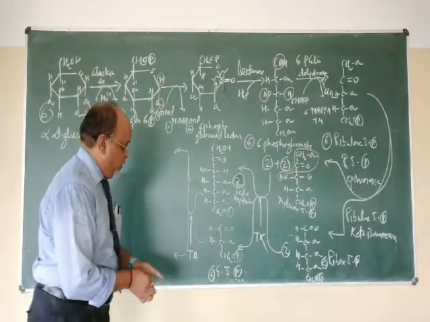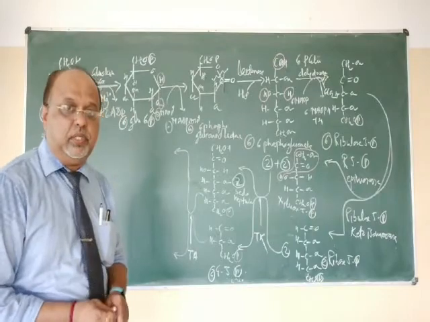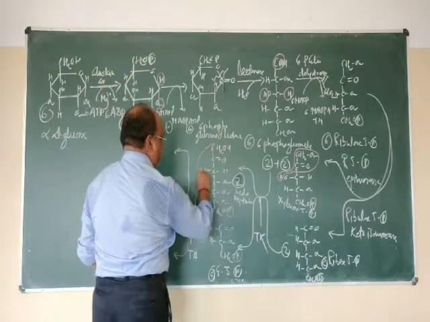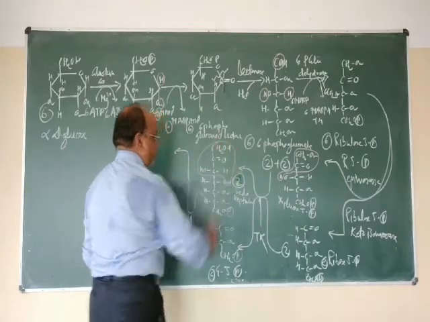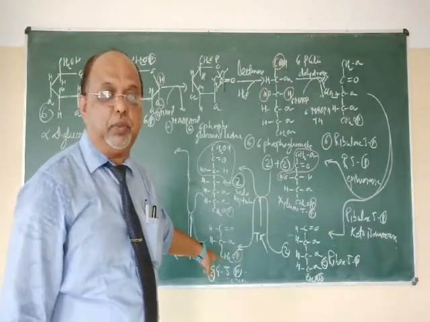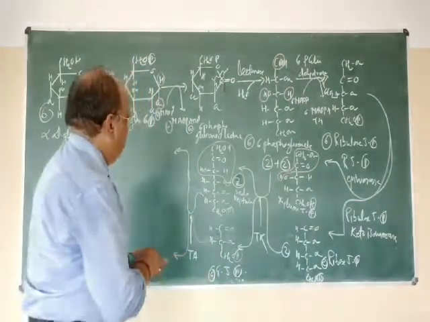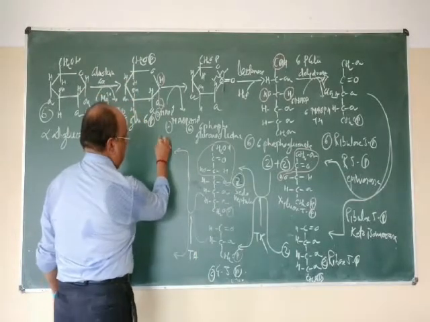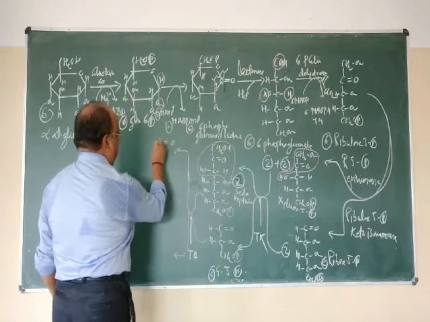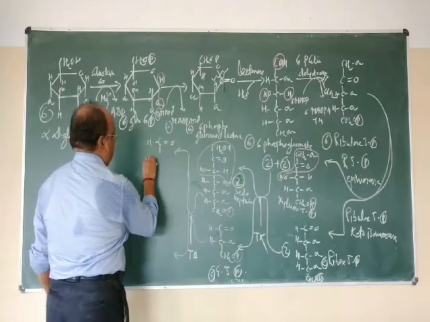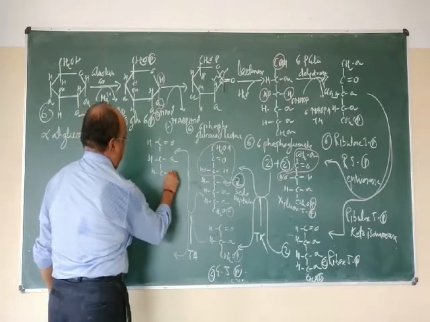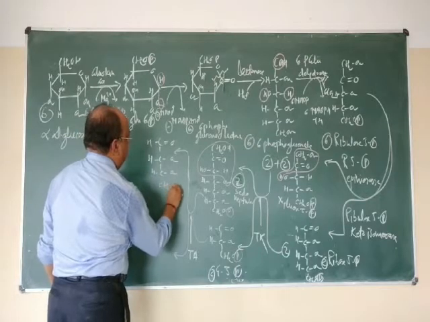So what happens? The transaldolase transfers the 3 carbon fragment. It transfers this 3 carbon fragment from pseudoheptulose 7-phosphate to glyceraldehyde 3-phosphate. And what is formed? Let us see. The remaining structure is 4 carbons: C double bond O, H, COH, and CH2OP.